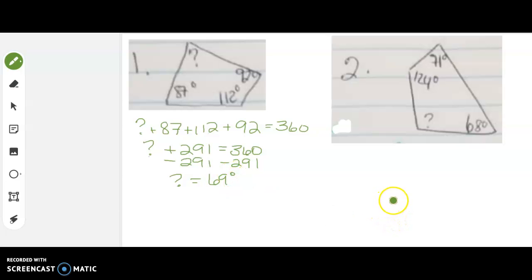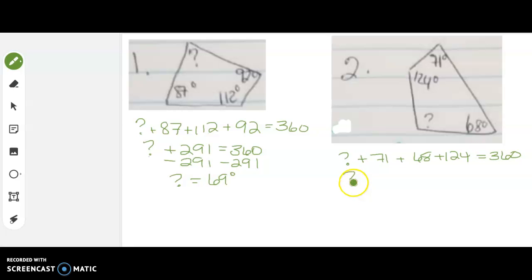Same thing for example 2, we just have a different quadrilateral. The sum is going to be the same, it's still going to be 360 degrees. So that initial equation is going to be the question mark, and then I'm going to add all my angles together. So 71 plus 68 plus 124. They all add up to equal 360.